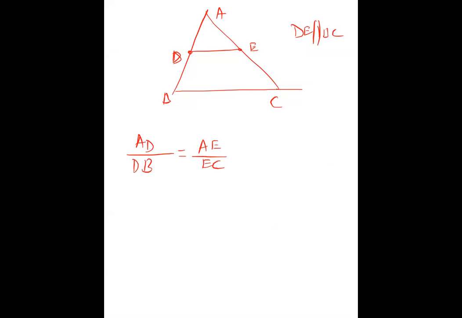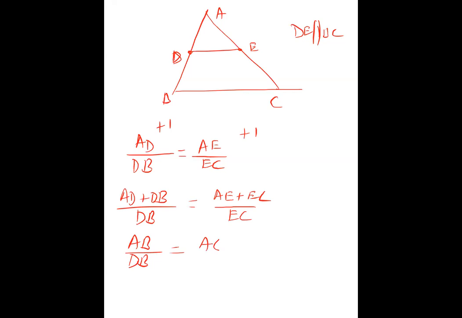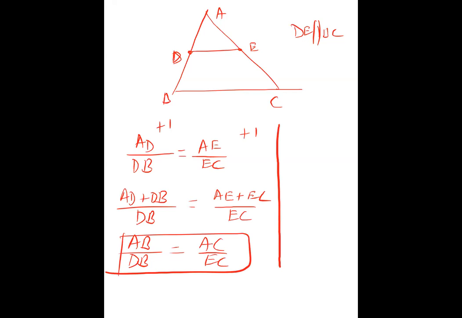That we know. But if you add one on both sides, and take the LCM, it will become like this, and AD plus DB is AB. This is another corollary of the basic proportionality theorem. You can say corollary, or you can always prove it in the exam.